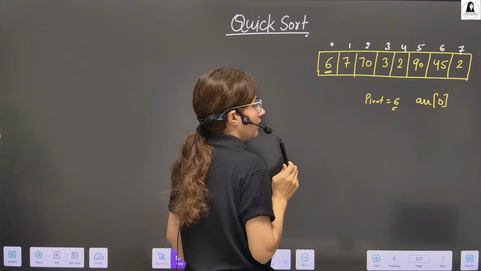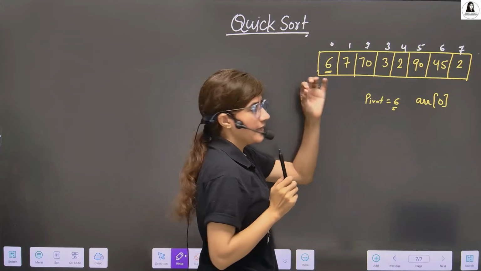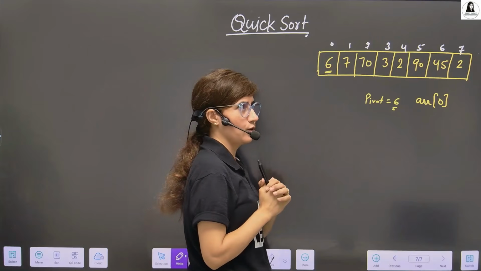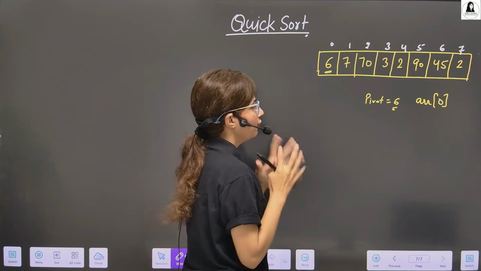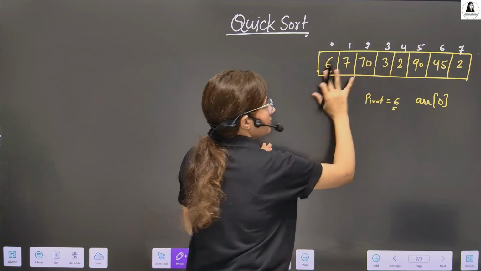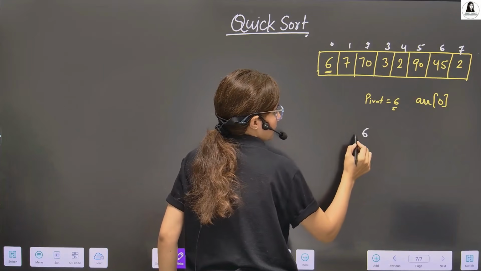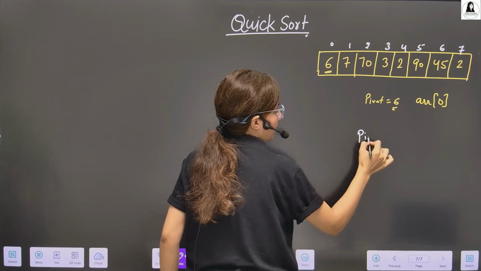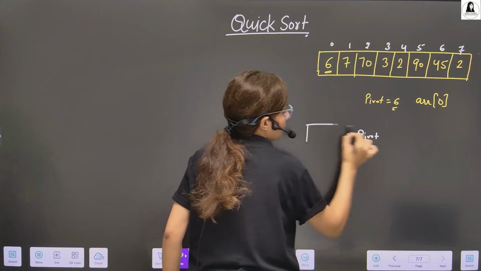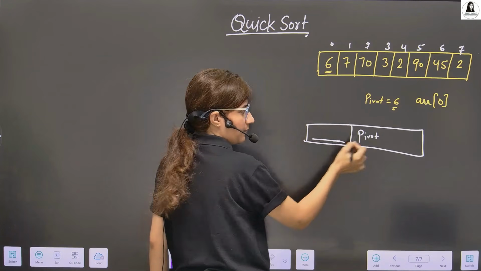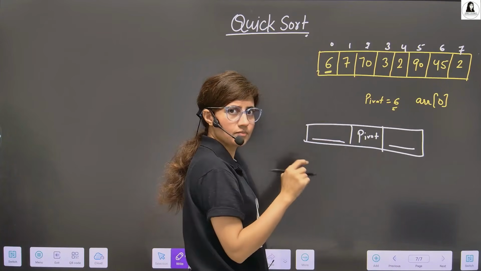Now you have to find the correct position for this 6. How will we find it? We know that when we place 6 somewhere, all the elements on this side are less than the pivot and all the elements on this side are greater than the pivot.